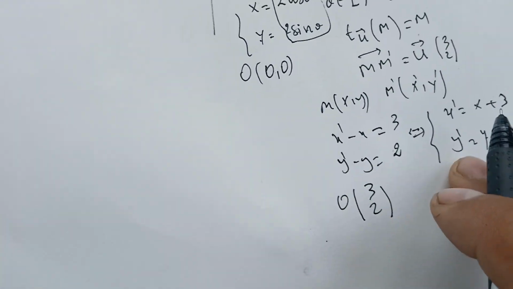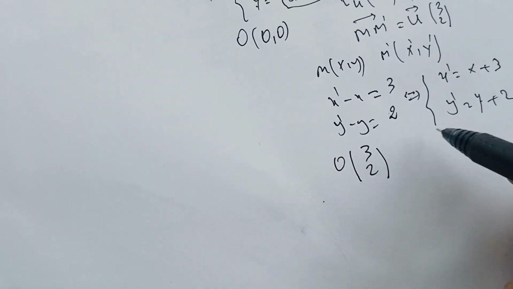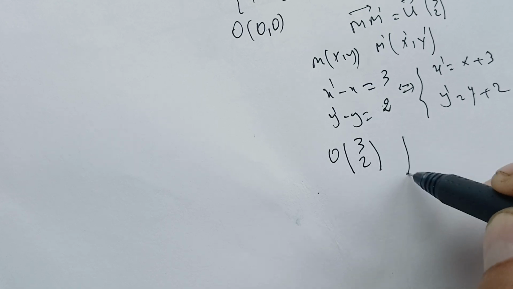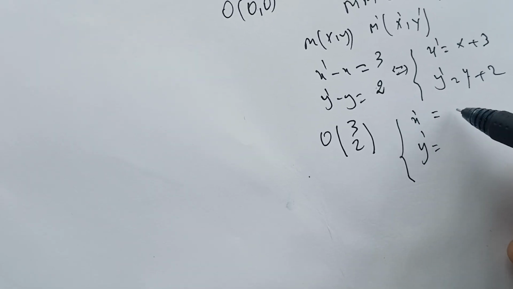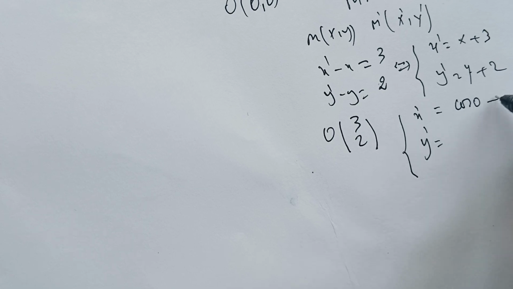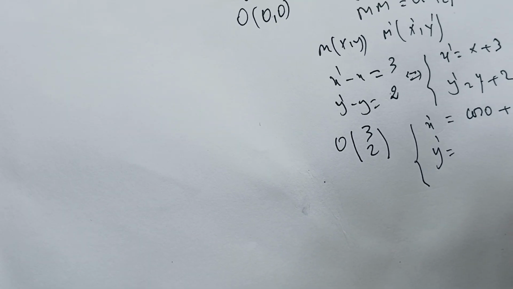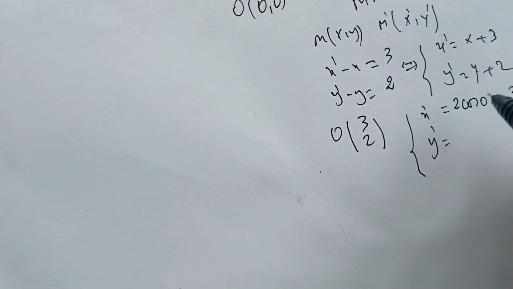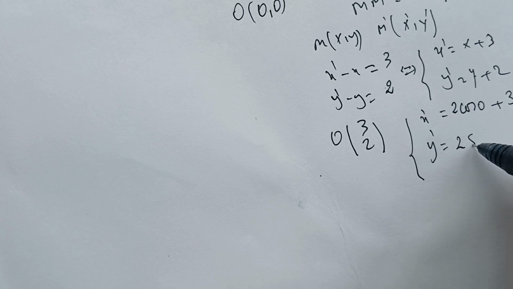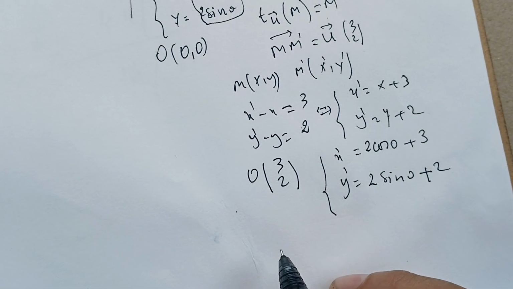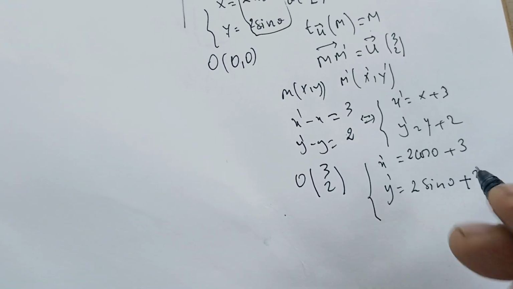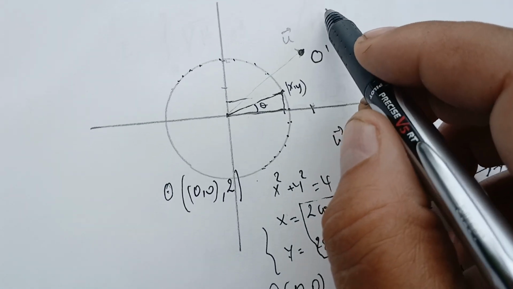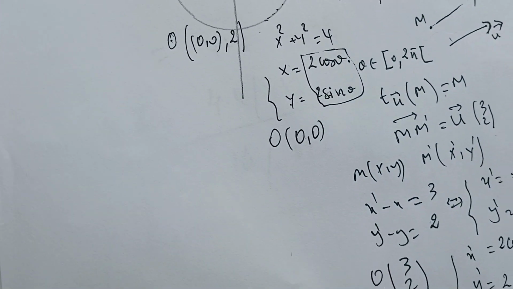We can plug them here, so for any point, its image under this translation is going to be (2 cosine theta plus 3, 2 sine theta plus 2). Okay, so any point would move to this part here.